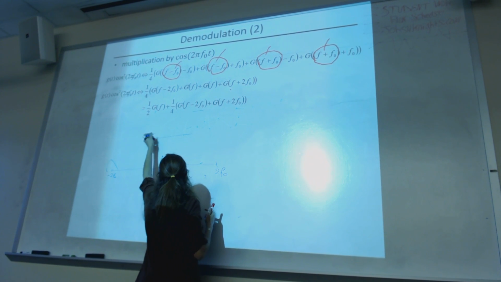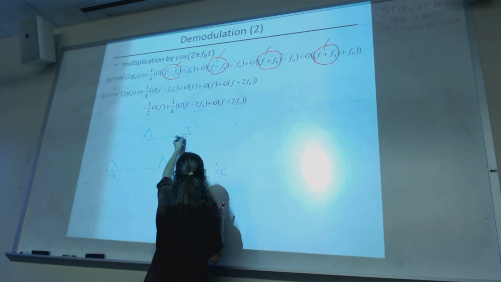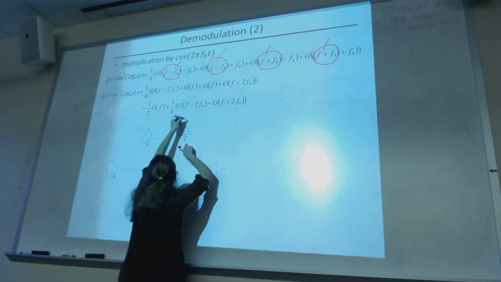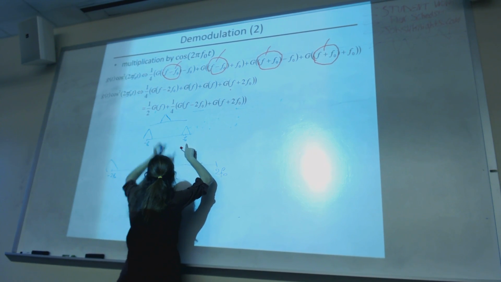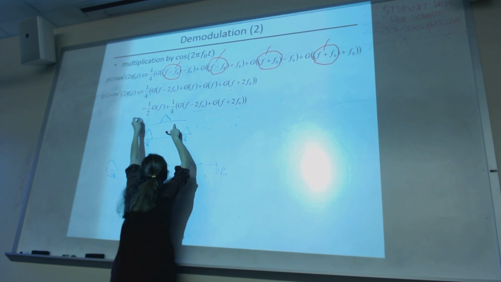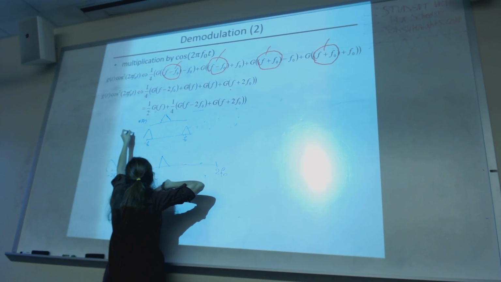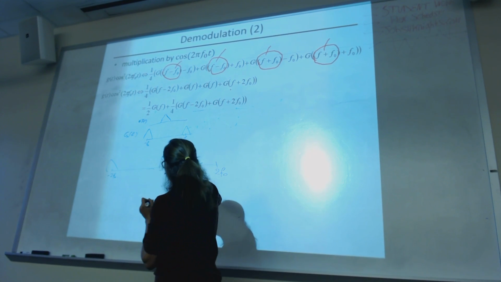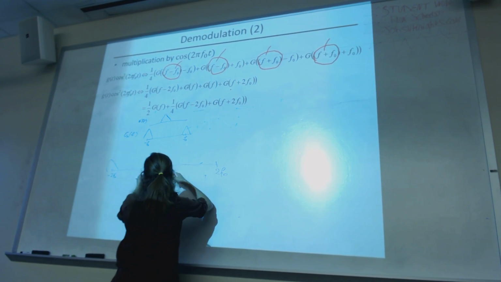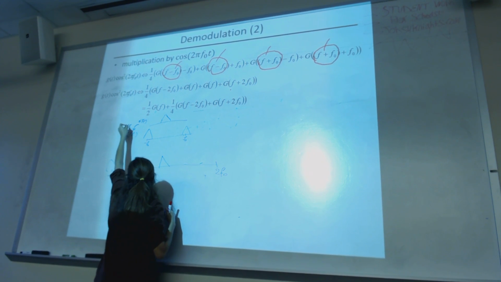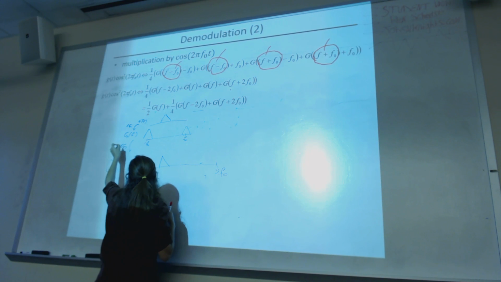Okay, so again, this was after one cosine multiplication, f naught and minus f naught. Originally, this was the original signal G of f. This is after multiplication by one cosine. Now, this is after twice cosine. So this is one times cosine and another times cosine.